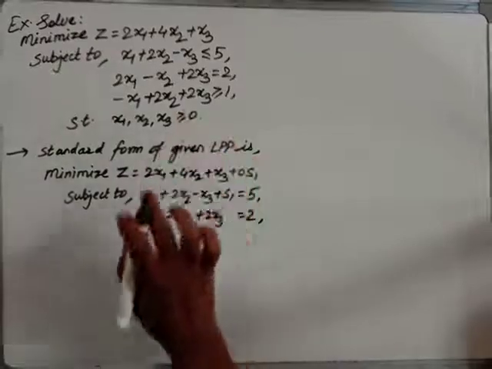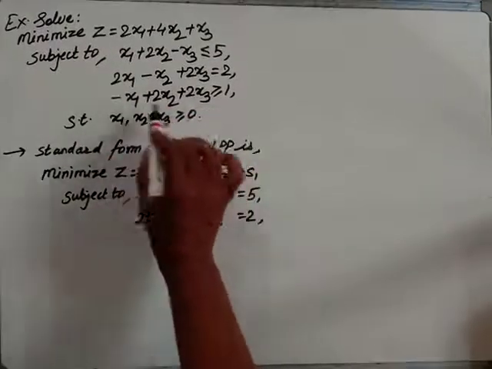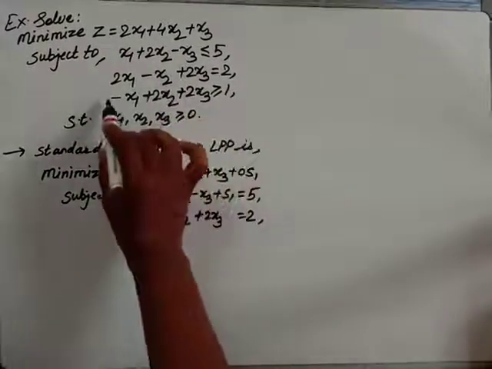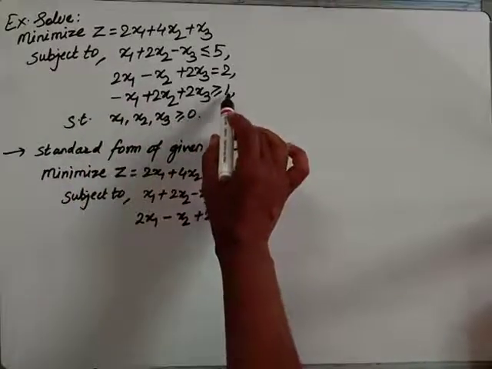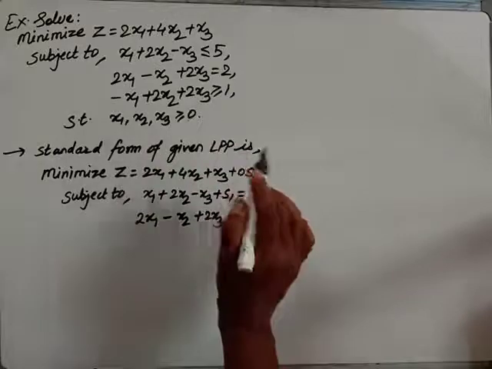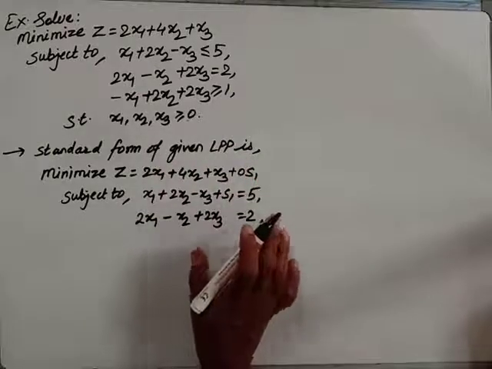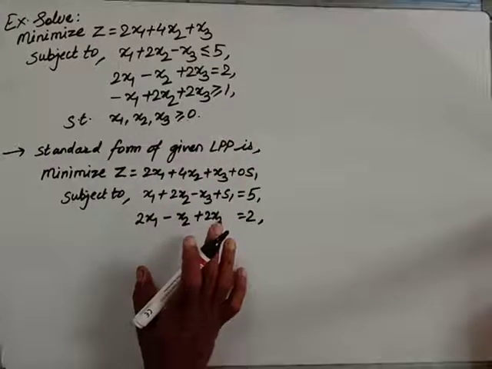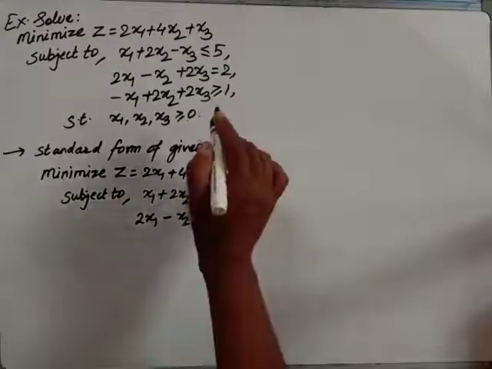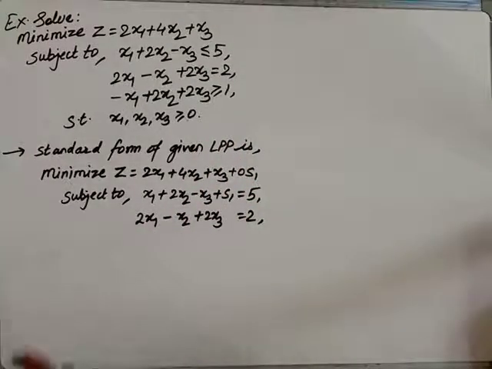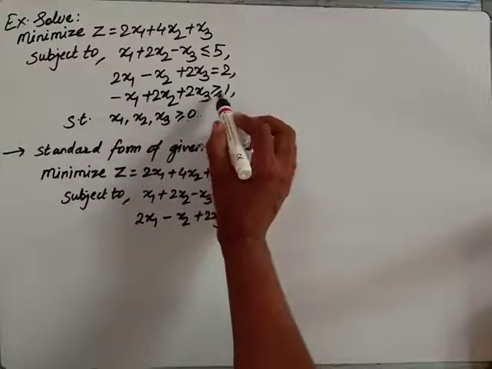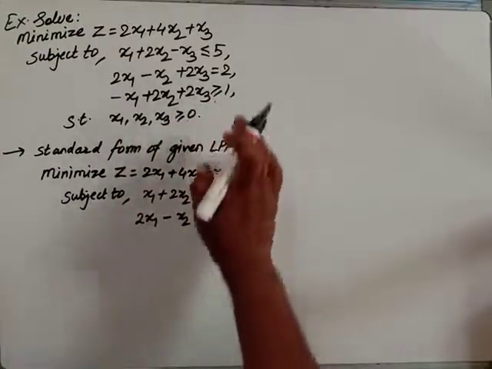Now the third constraint. In the third constraint it is of greater-equal type, so this left hand side is greater than or equal to this one. So then we need to subtract some positive quantity from there. Now here this is greater equal, so we need a surplus variable.